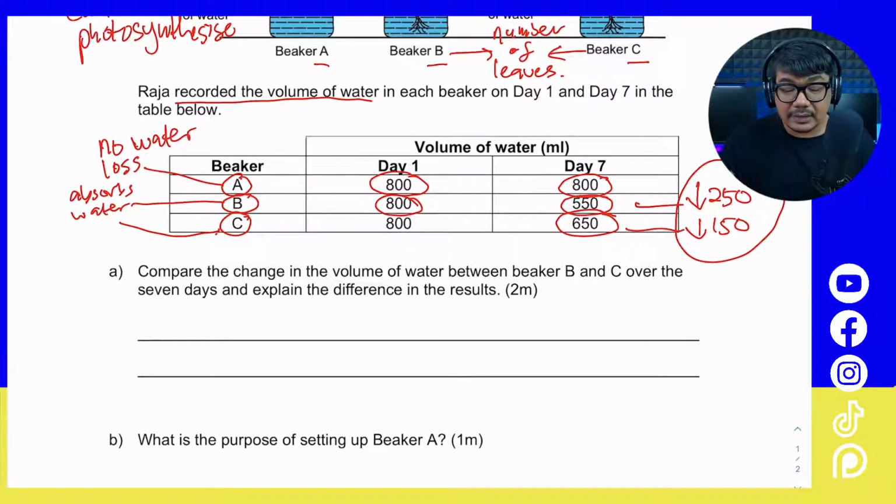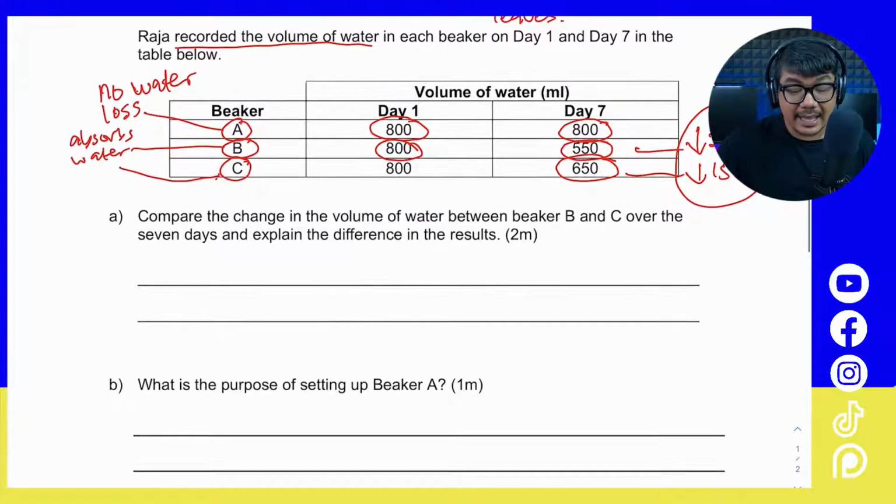So let's begin answering the question. Part A: compare the change in the volume of water between beaker B and C over the 7 days, and then explain that. Compare is the command word here.